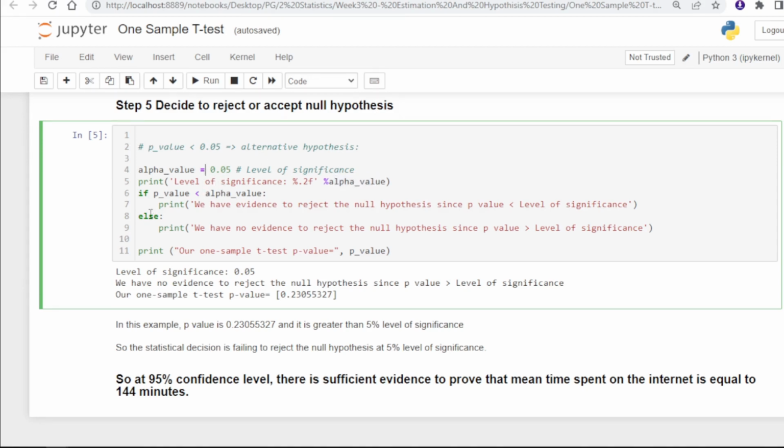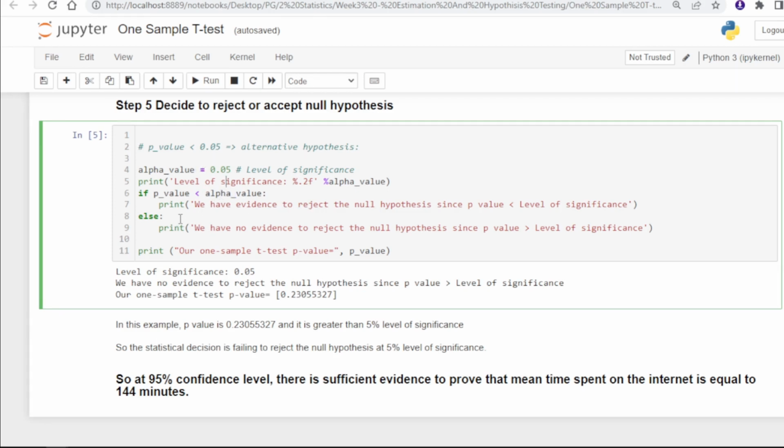If the p-value is less than alpha, that is, less than our 0.05, then we have evidence to reject the null hypothesis, just because the p-value is less than our level of significance. If the p-value is equal to alpha or greater than alpha, then we have no evidence to reject the null hypothesis, since our p-value has become greater than the level of significance.